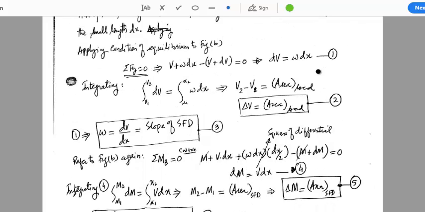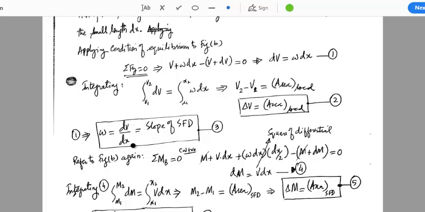Now if we reconsider equation number 1 and rearrange it, we get omega is equal to dV over dx. I got this from equation number 1. I've just kept omega on one side, and on the other side I get dV over dx.